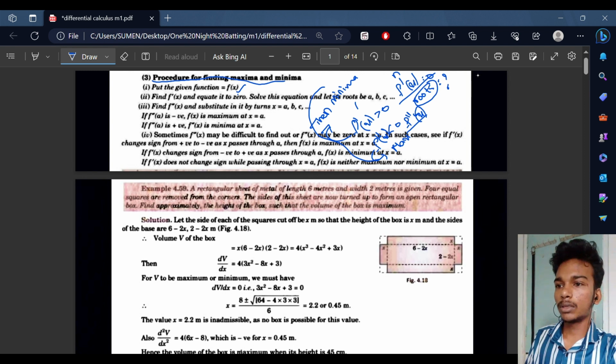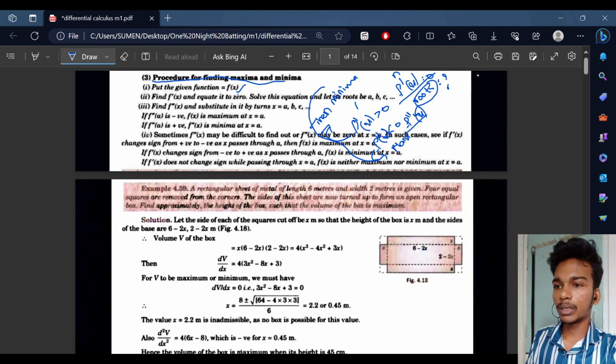The example deals with a rectangular sheet of metal of length 6 meters and width 2 meters. 4 equal squares are removed from the corners. The sides of the sheet are then turned up to form an open rectangular box.